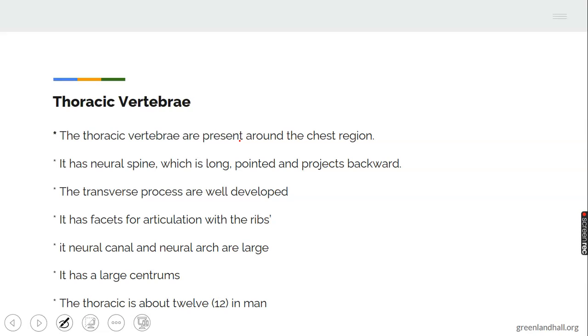The thoracic vertebrae are present around the chest region. It has a pronounced neural spine. We say pronounced, which is long, pointed and projects backward. The transverse processes are well developed to articulate with other bones.